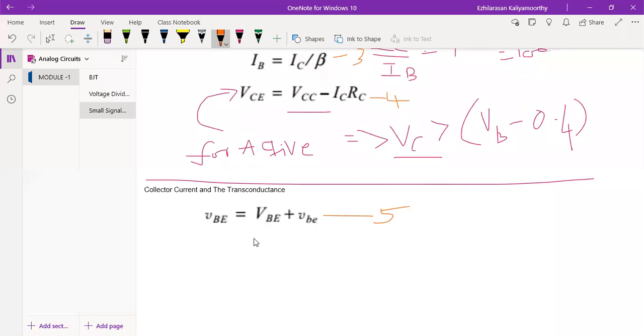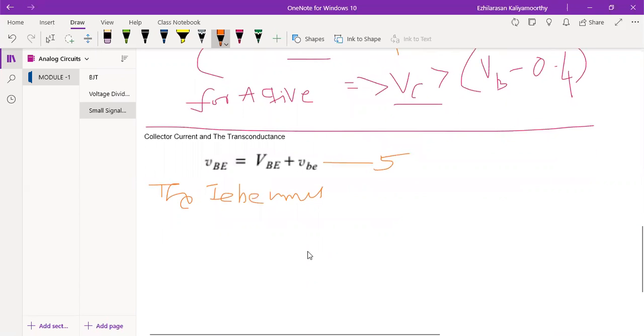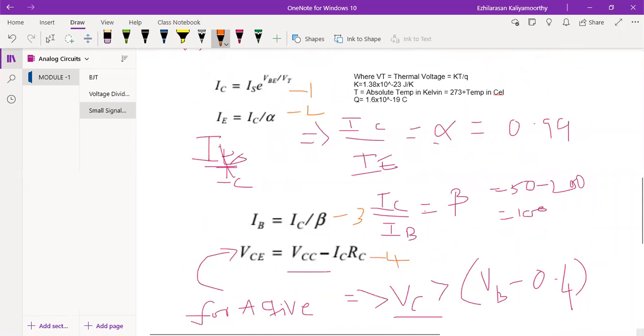Next, correspondingly the collector current becomes, that is IC, now we have to calculate.